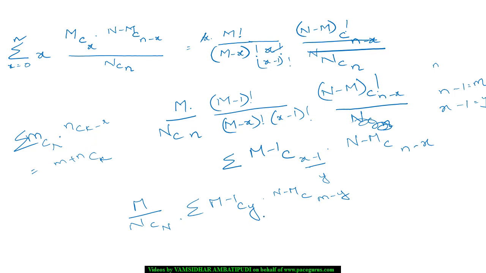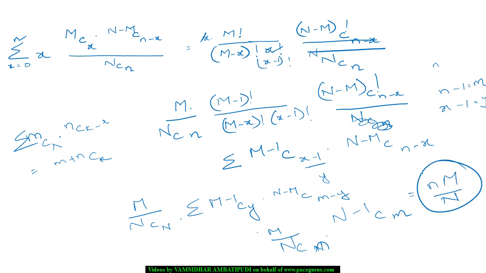So the same logic, I can very well write it as M. So these two things, when I am summing, it is coming out as M divided by nCn, n minus 1 Cm. So based on this, I can very well simplify it to get Nm divided by N.